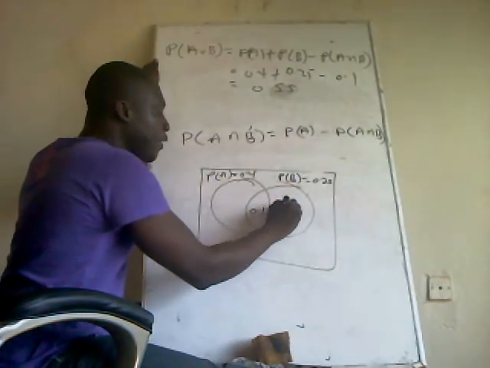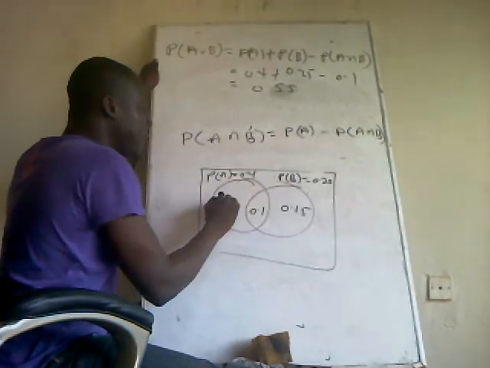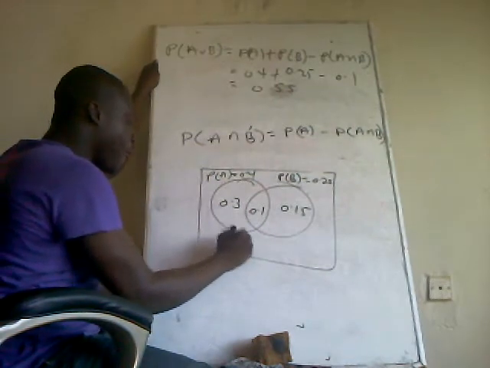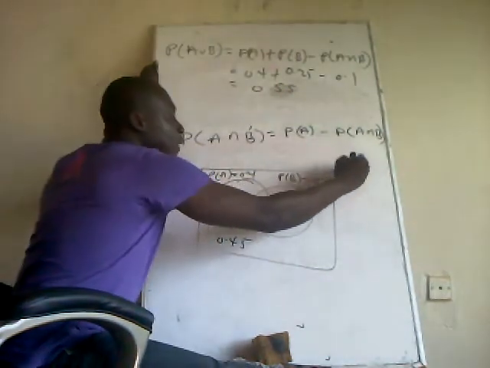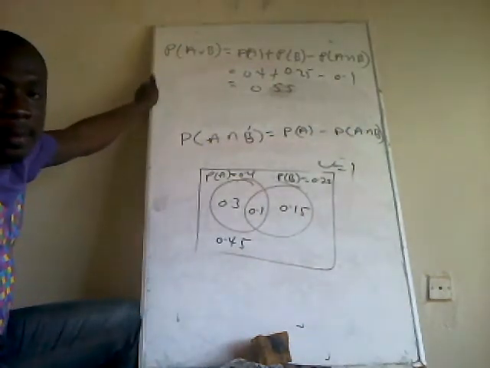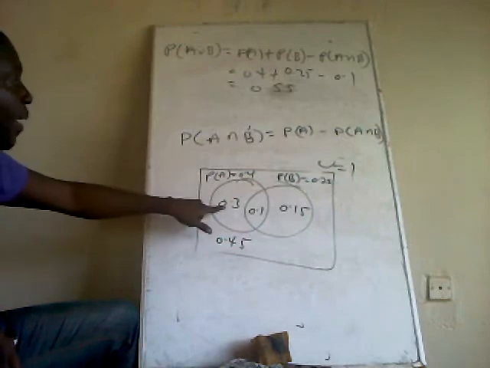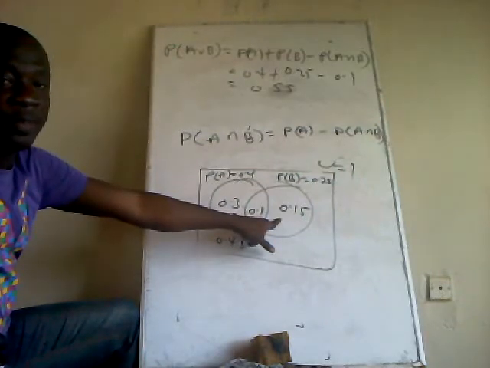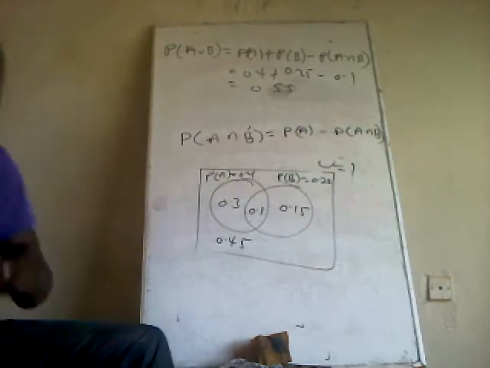So here we have 0.15, and here we have 0.3, and now here is 0.45, and this should give us 1, junior. So here, A only is 0.3, B only is 0.15. You understand? It is so clear.